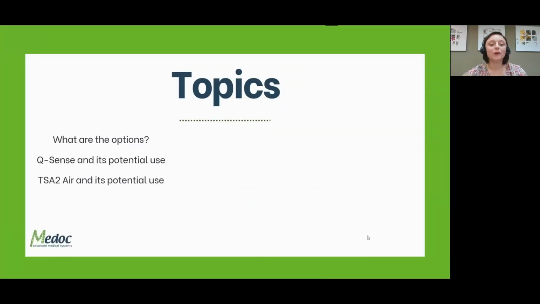Our topics for today will be, first of all, as I said, what are the options we have to choose from, and then we will discuss each and every one of them. We will talk a little bit about the Qsens device and the TSA2 Air device and its potential use. As I said, we will go through technical stuff and through some examples of potential uses in research and in clinics from the literature.